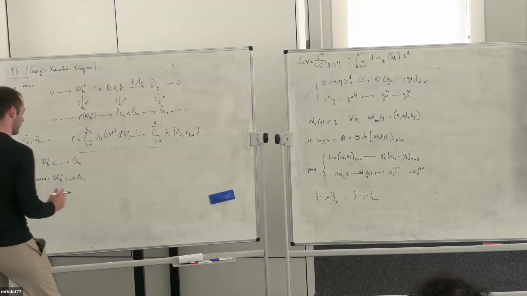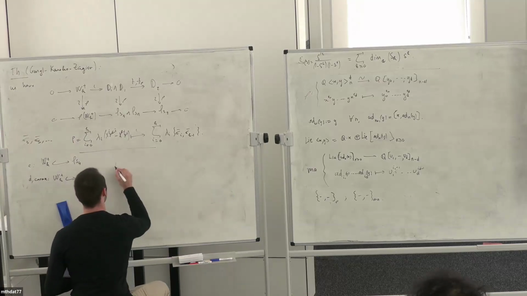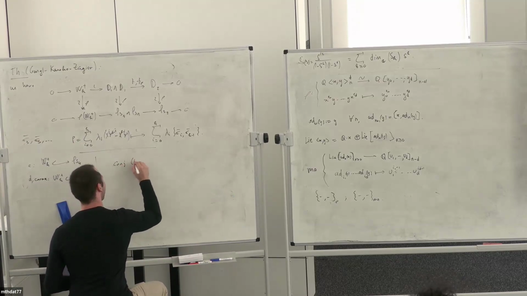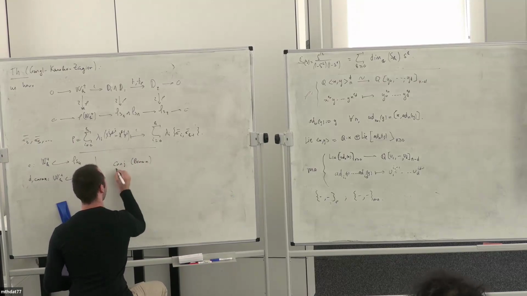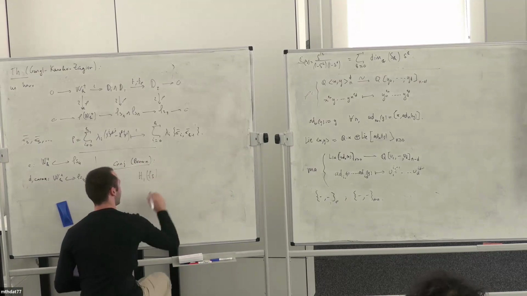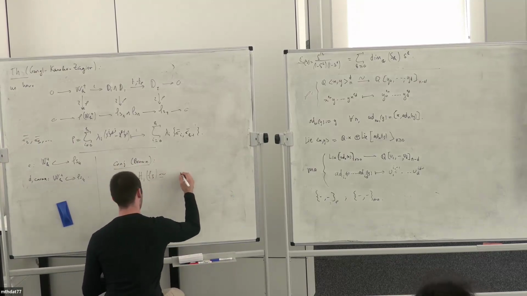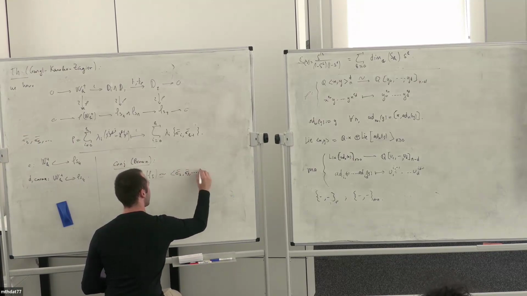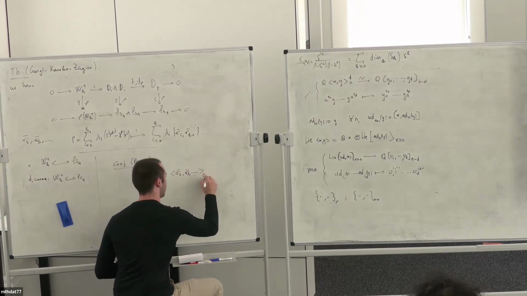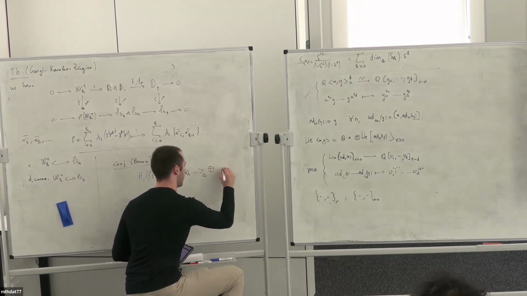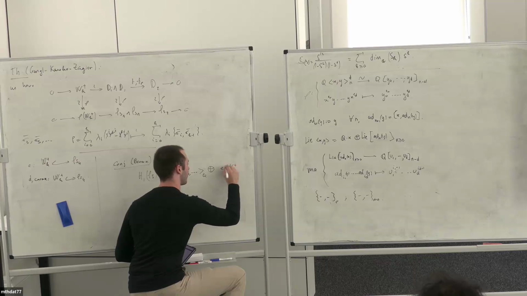So let me state it precisely. The first homology group of LS should be isomorphic to the vector space generated by sigma 3, sigma 5, and so on, their class in Q, and also with the exceptional elements, let's say E of the cusp forms.